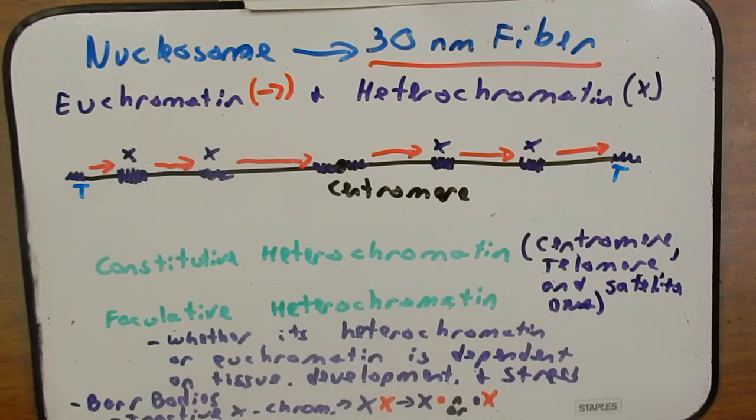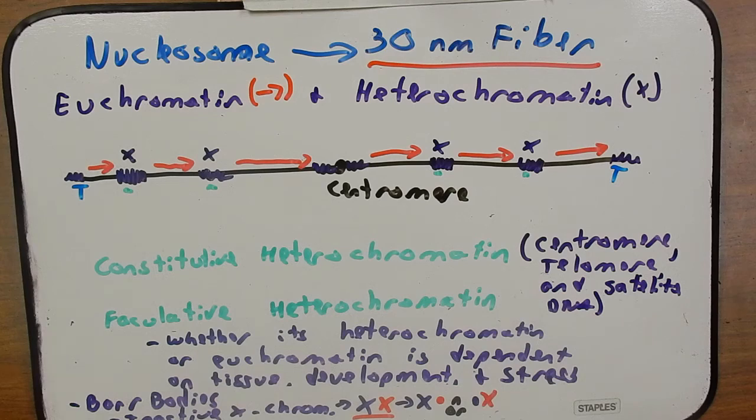The reason many organisms do this, particularly mammals, is to compensate for two X chromosomes. We want to make sure males and females all produce one dose of X chromosome. And so the way we do this is by having, in individuals with two X chromosomes, one of those X chromosomes inactivated.